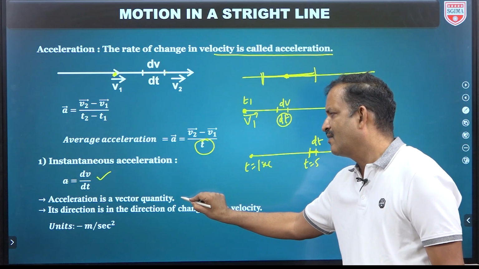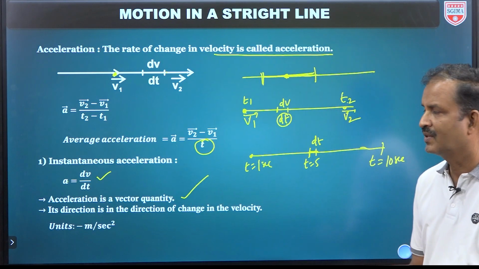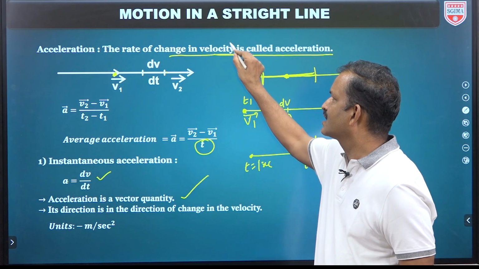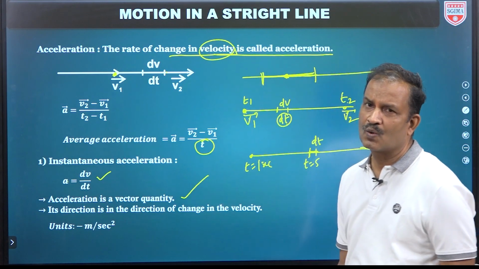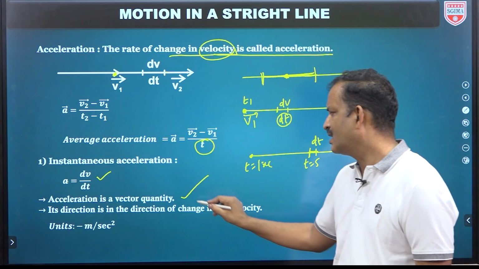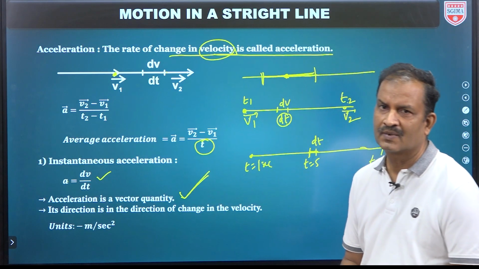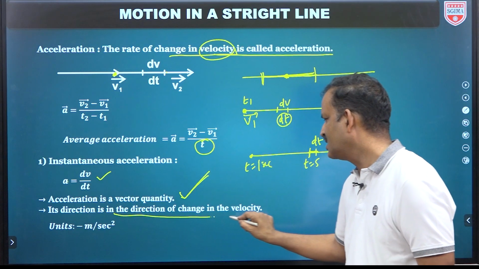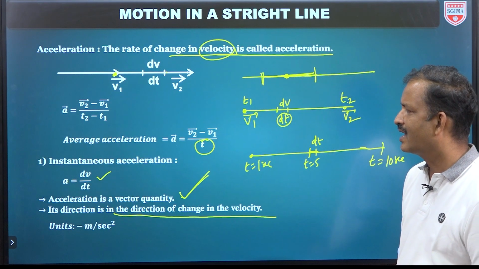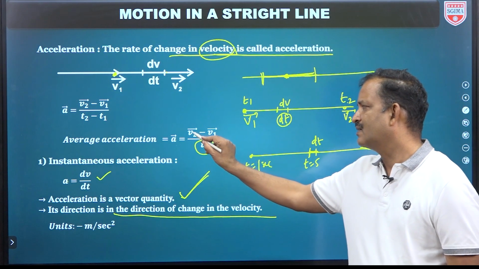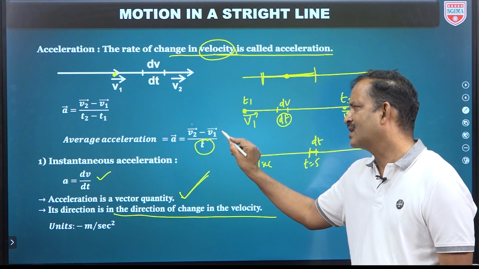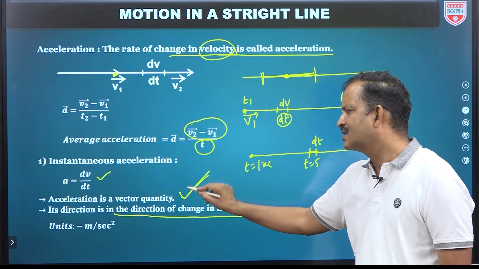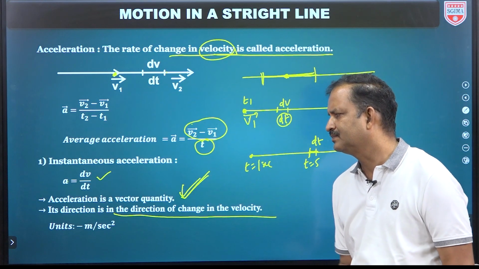Acceleration is a vector because it is the rate of change in velocity, and velocity is a vector. So acceleration is definitely a vector. Its direction is the direction of change in the velocity. If you calculate the direction of v2 bar minus v1 bar, that direction is the acceleration direction.